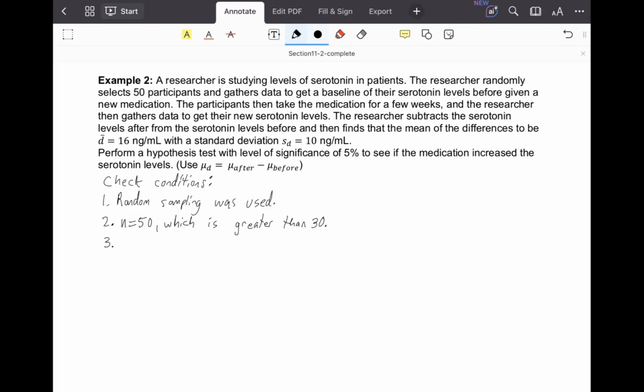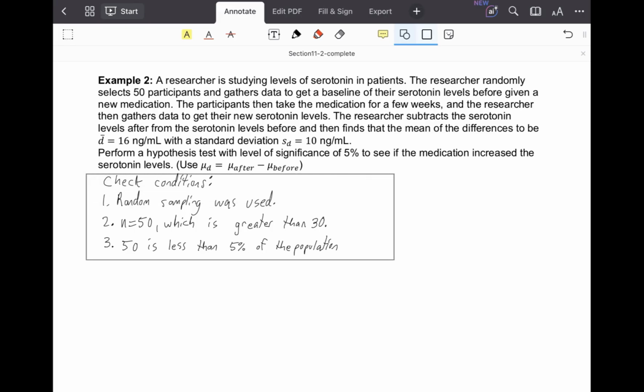That's good. And then the last one, 50 is less than 5% of the population. The population isn't super clear, but it seems like it's really general, so just people who would take the medication. It's not super clear, but you could also just clarify with the researcher themselves.